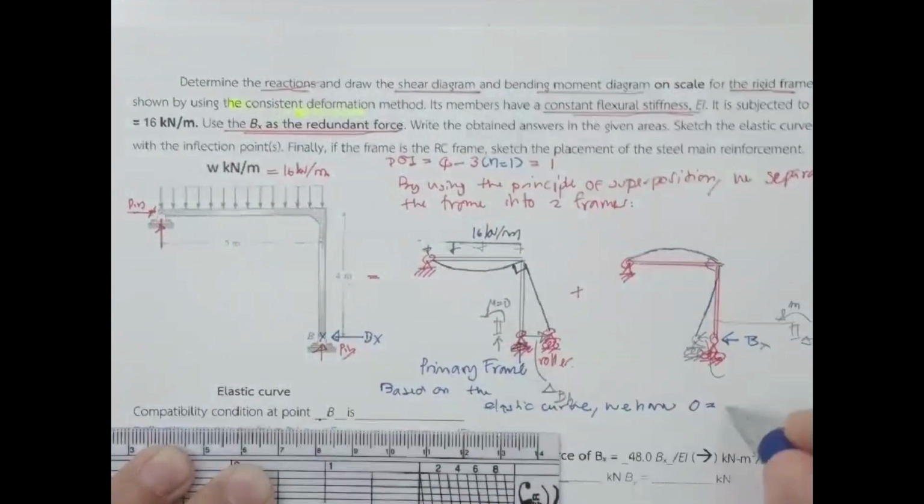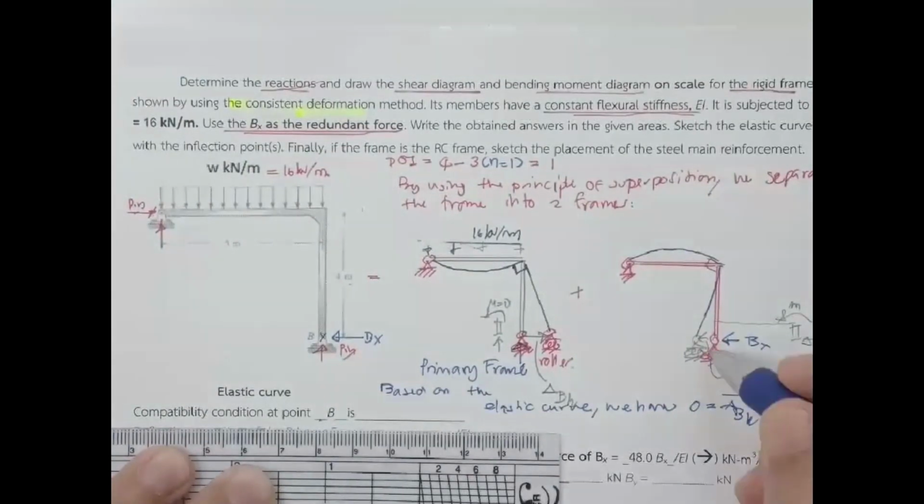this is going to be delta sub BH in this direction, and this is going to be delta sub BH times the negative.